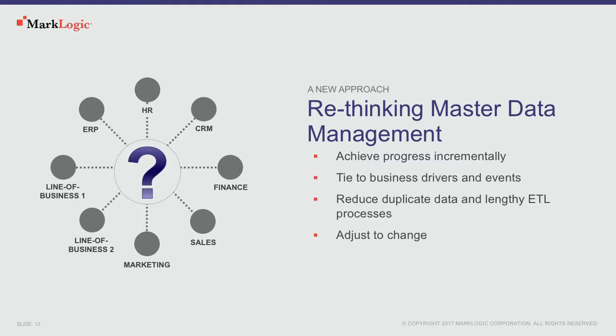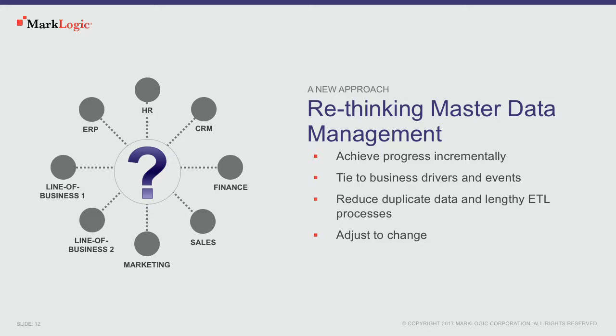So since so few of these projects work, there's got to be a better way, a more modern approach using a more modern architecture where you stop boiling the ocean, you get started faster by loading data as is, you show incremental progress, and you show it a lot faster than you would before. And when you show progress faster, you keep your customers and your champions happy and engaged.